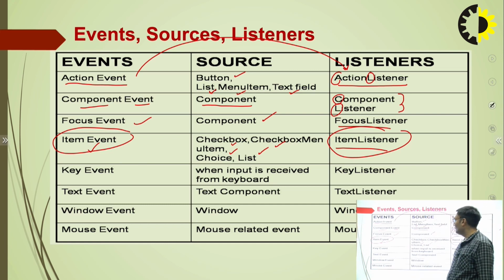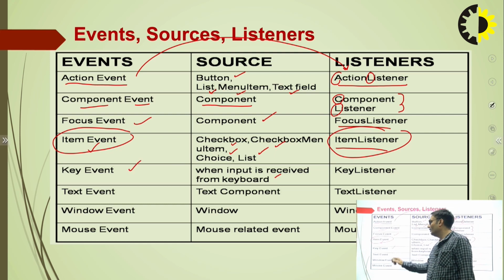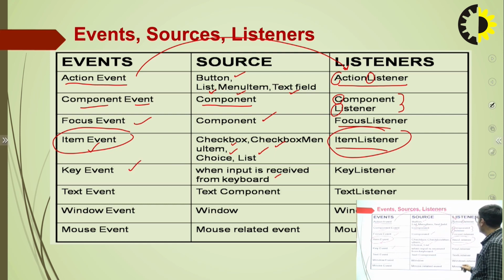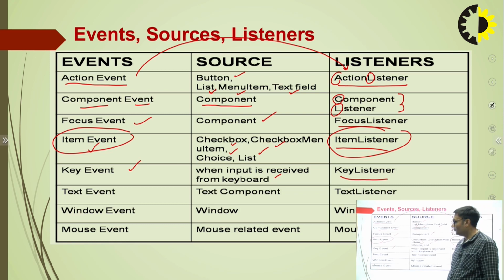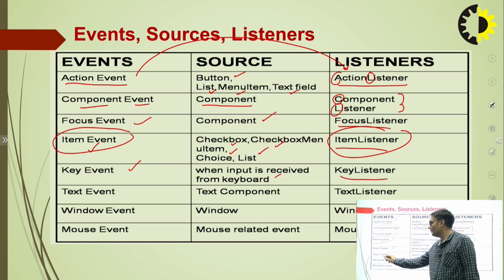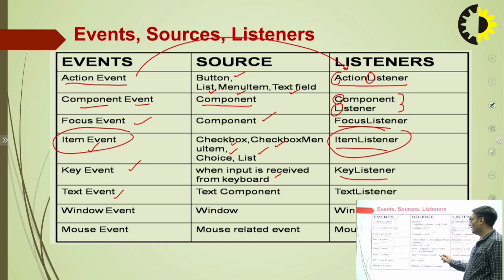Keyboard event: when key input is received from the keyboard, the type of event is known as key event, and the listener corresponding to this key event is key listener. Similarly, text event: there may be any text component, text area, text box, and the corresponding listener is text listener.